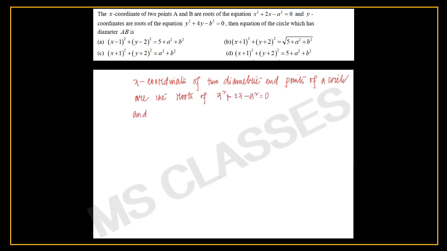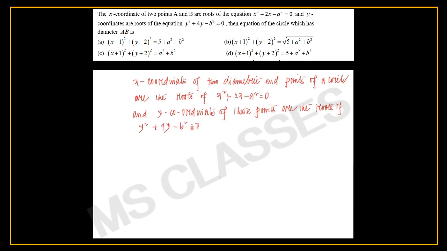And y coordinates of these two points are the roots of y square plus 4y minus b square equal to 0.